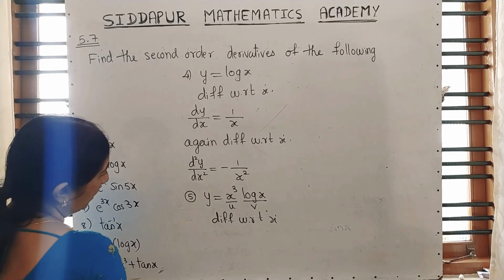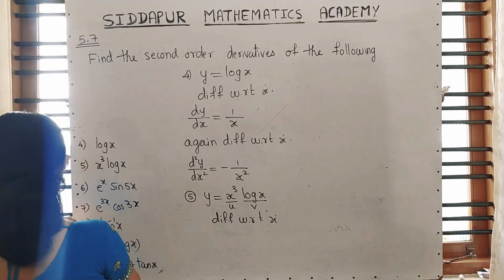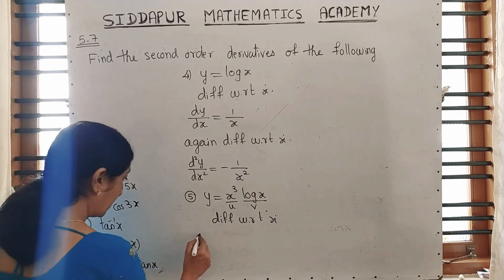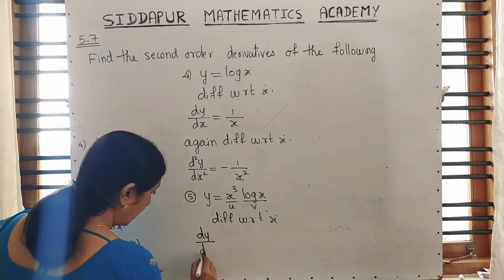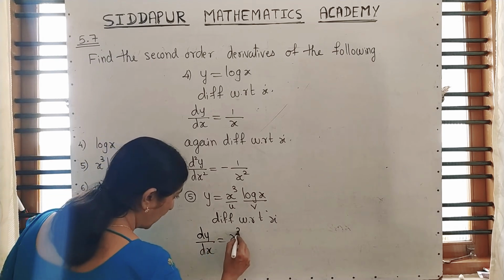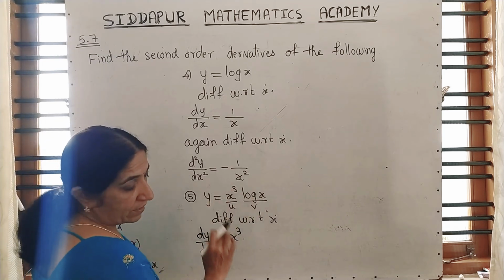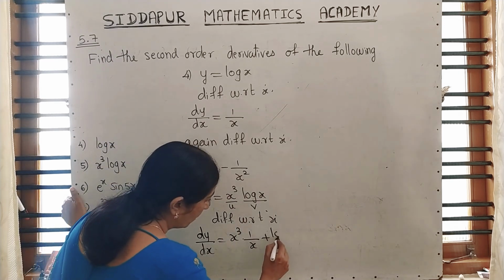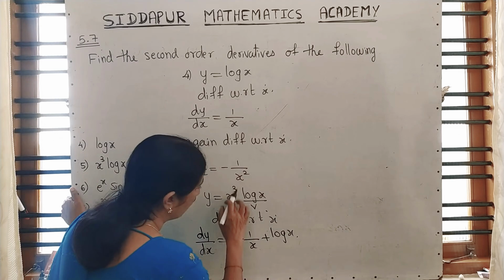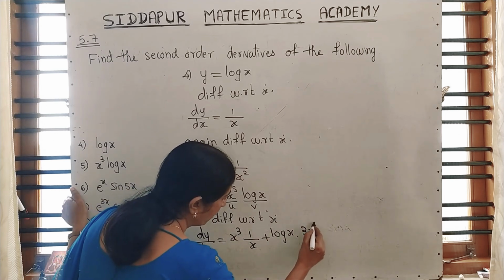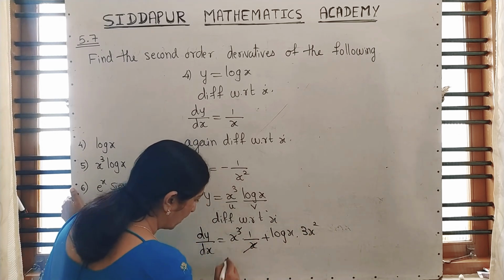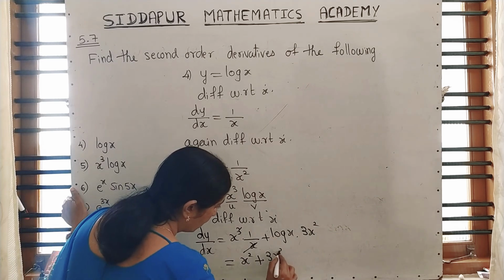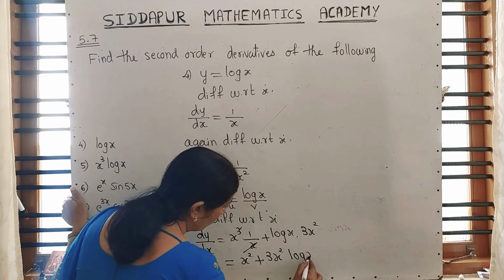First, we have to apply the u into v method. dy upon dx is equal to x cube as it is. Now I will write directly. Differentiation of log x is 1 by x, plus log x as it is. Differentiation of x cube is 3x square. One x is cancelled with this. x square plus 3x square into log x.